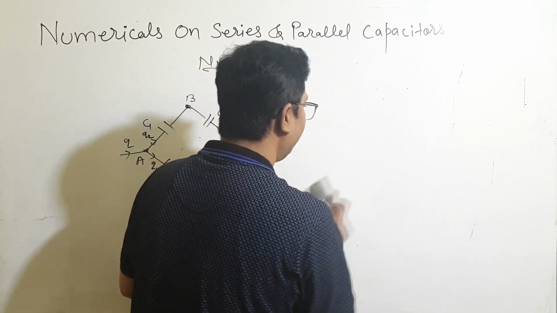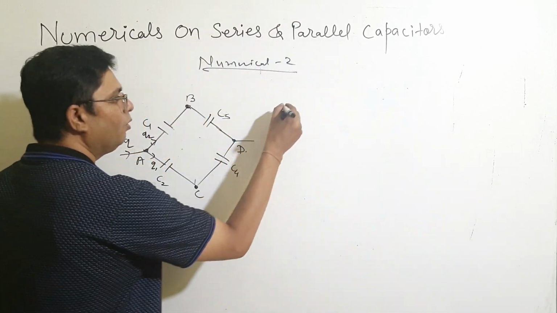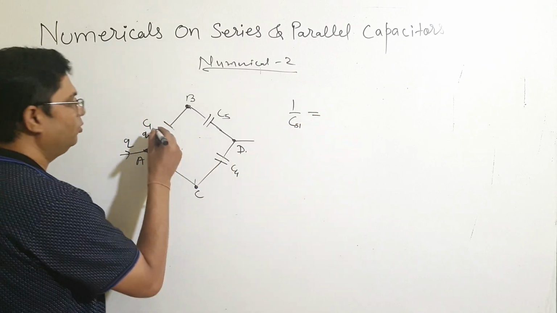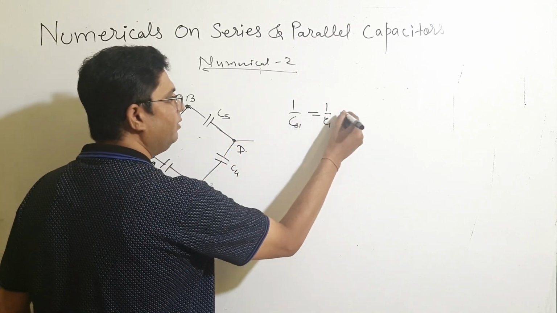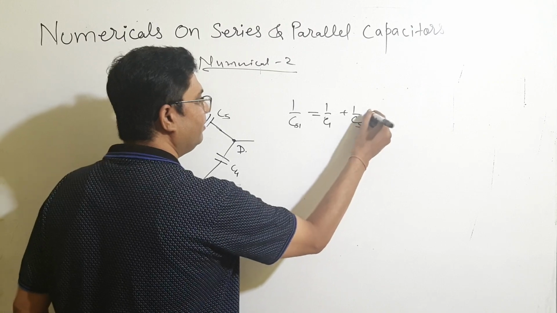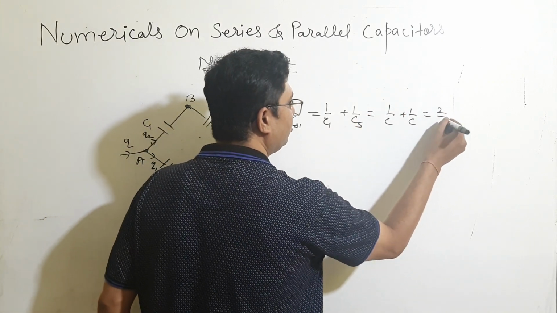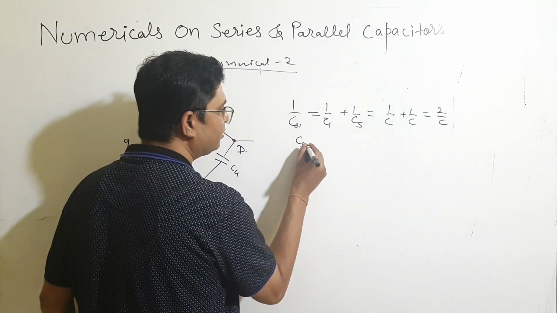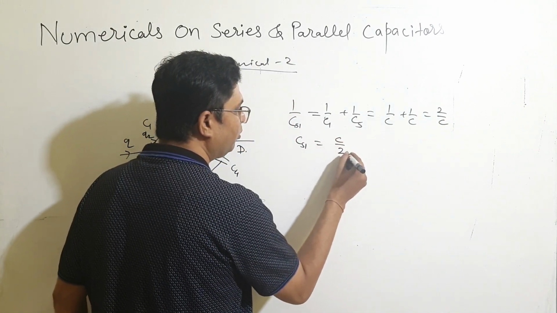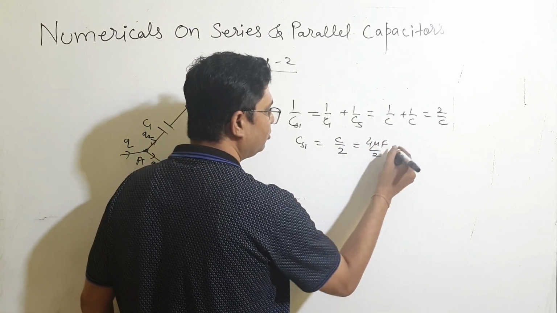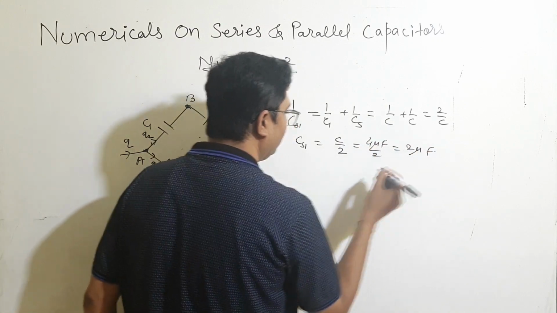So we have 1 by CS1 equals 1 by C1 plus 1 by C5. Since both are C, 1 by C plus 1 by C equals 2 by C. So CS1 equals C upon 2, and C is 4 microfarad, so 4 by 2 equals 2 microfarad.